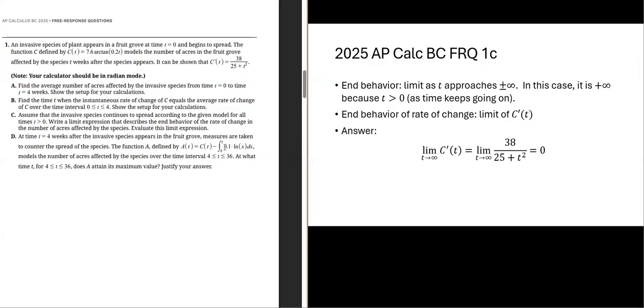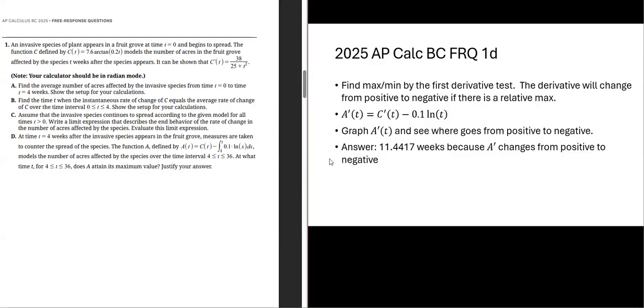Because this lower limit is constant, and this upper limit is just t, you just plug in the upper bound as x. That's it. Okay. So A prime of t is C prime of t minus 0.1 times ln of t. That's what I was saying, okay? Fundamental theorem of calculus. You can go back and review that if you need to. I probably have videos on this as well.